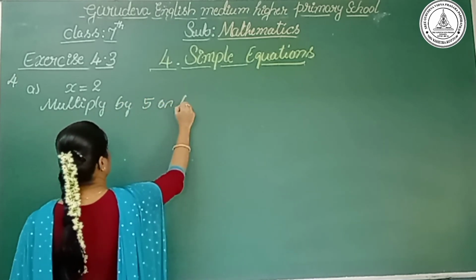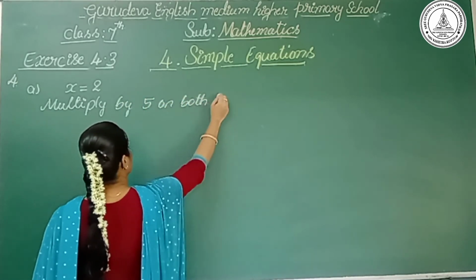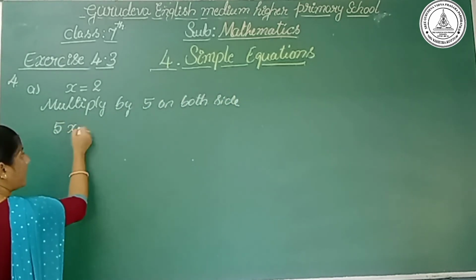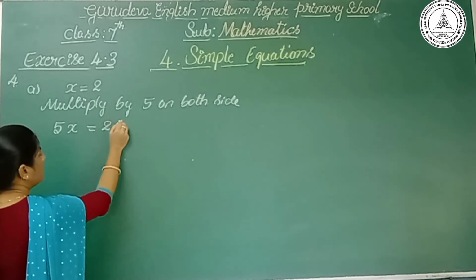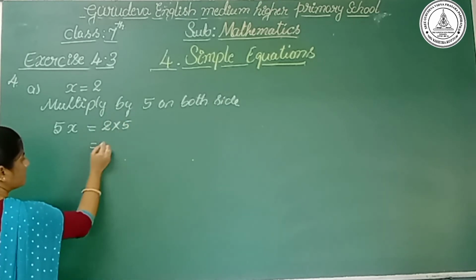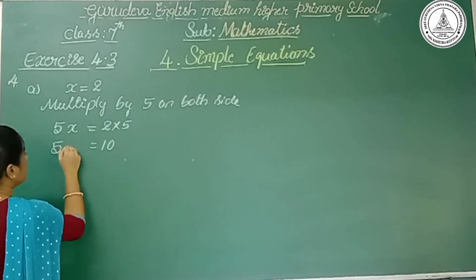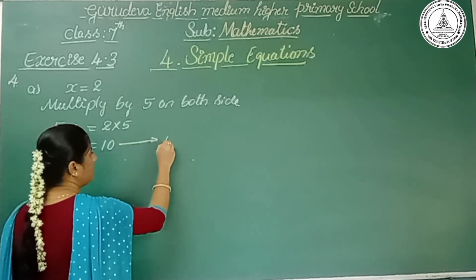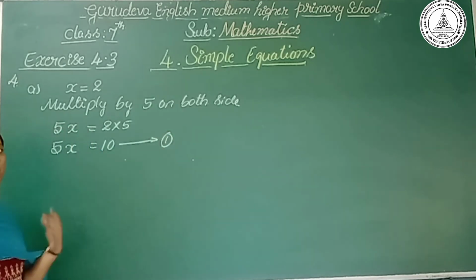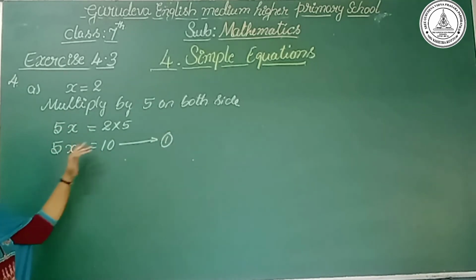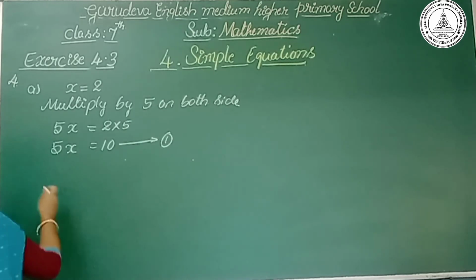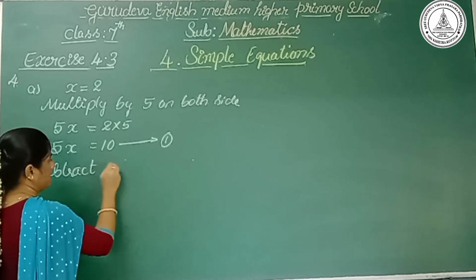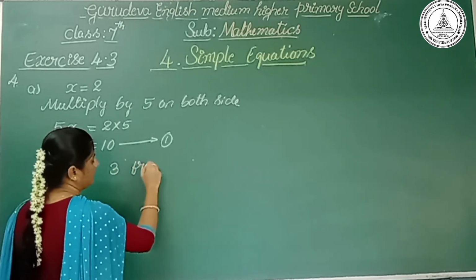5 on both sides. Then what we will get in the LHS is 5 into x, or 5x, which is equal to 2 into 5, that is equal to 10. So they have asked to form three equations. We can consider it as equation number 1. The next step, subtract 3 from both sides.